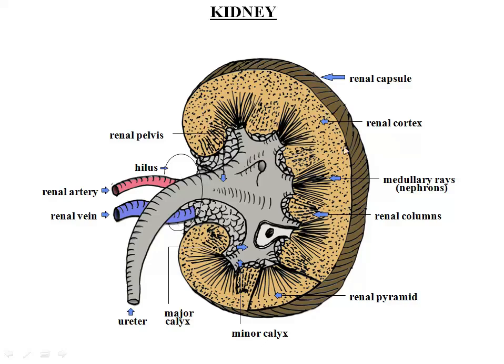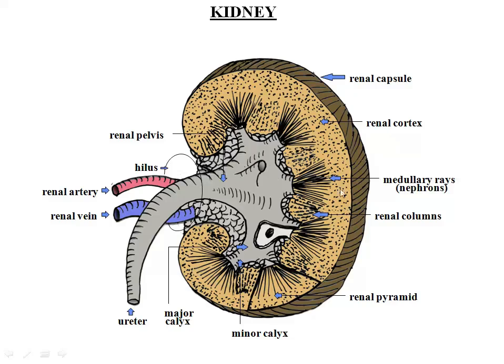Now this kidney, if you carefully see, you will find there are two distinct zones formed. This one is a middle zone and this is a peripheral zone. Now this peripheral zone is called the renal cortex. Okay. So this peripheral zone is called the renal cortex, and here it's the medulla portion.